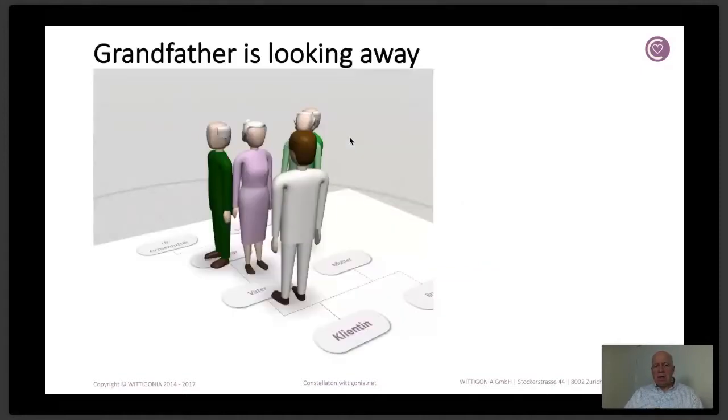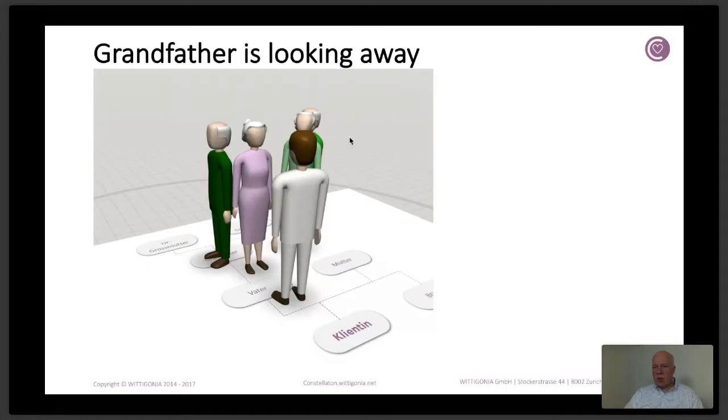And it turned out that when we picked a representative for the grandfather and her father, the father was facing the mother and the mother was facing her son. But her grandfather, so her father's father, was always turning away, turning in a different direction. And we also set up other family members.